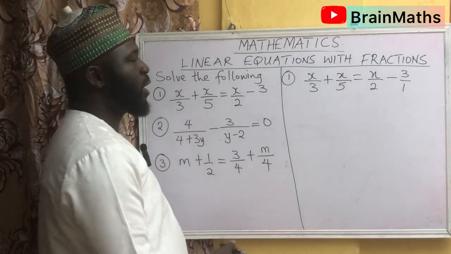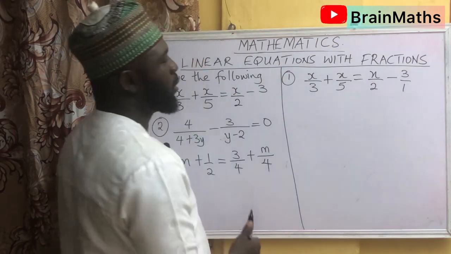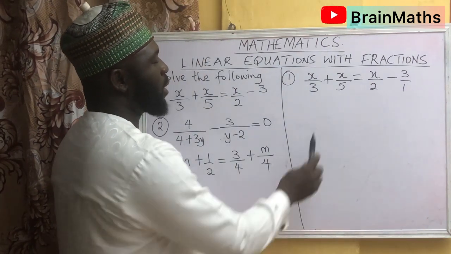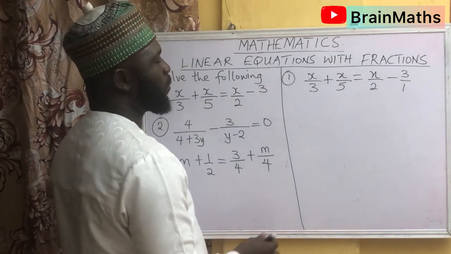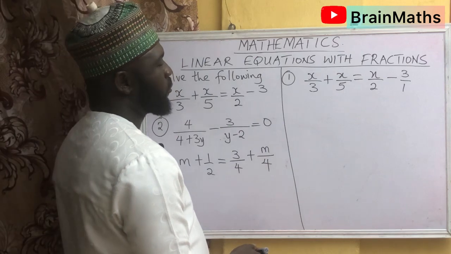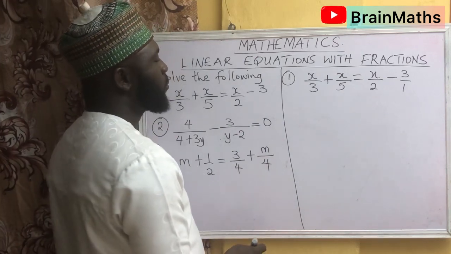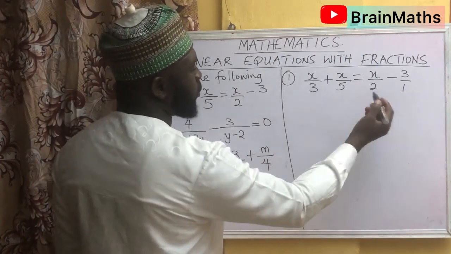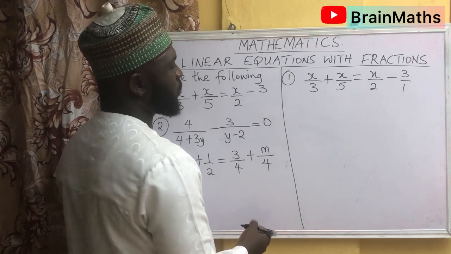So the next thing we are going to do is to eliminate all the denominators. And how do we do that? We are going to find the value of the LCM of 3, 5, and 2. So the LCM of 3, 5, and 2 is 30.